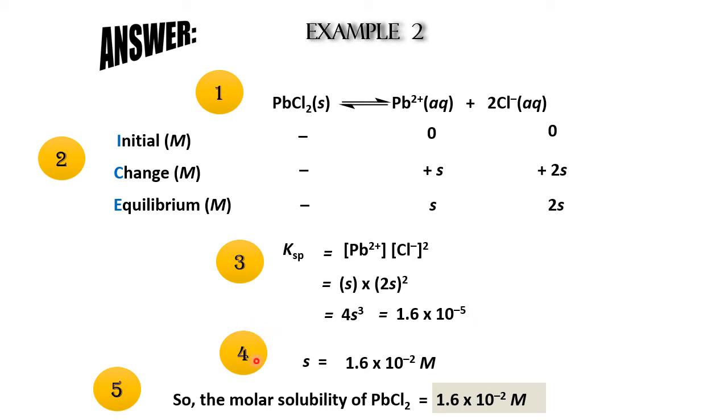Now you have to find out the molar solubility S. So you solve, and you get 1.6 times 10 to the power of negative 2 molar. Remember the unit. And then the last one, make the conclusion: the molar solubility of lead chloride is this value with unit molar.